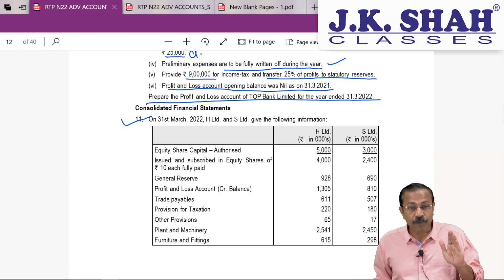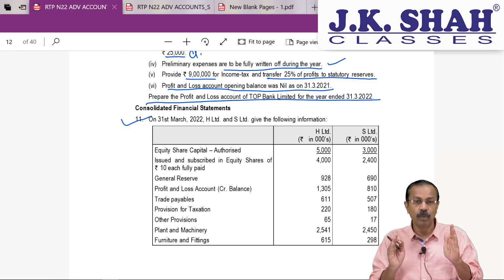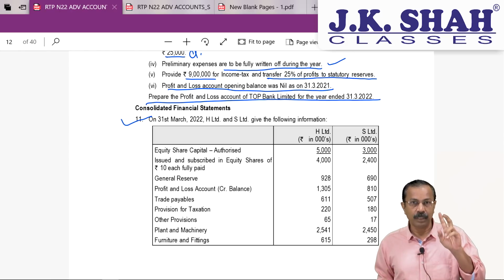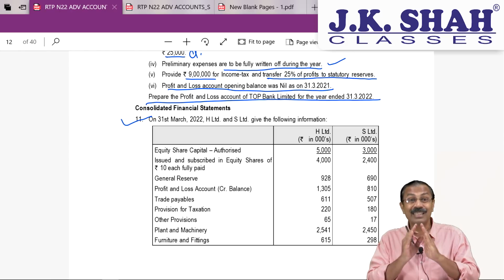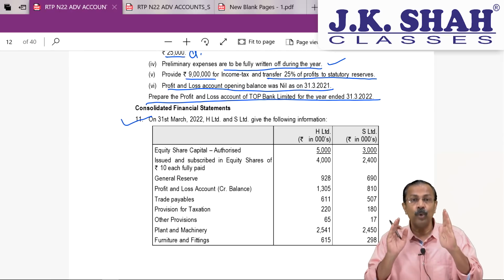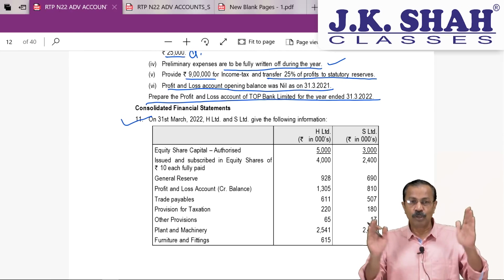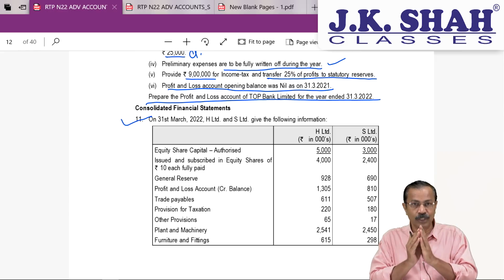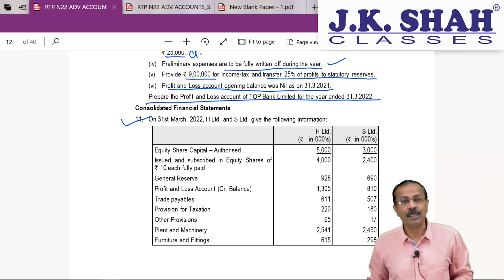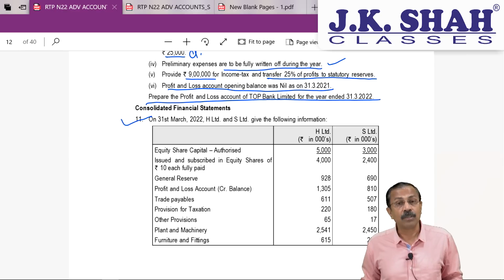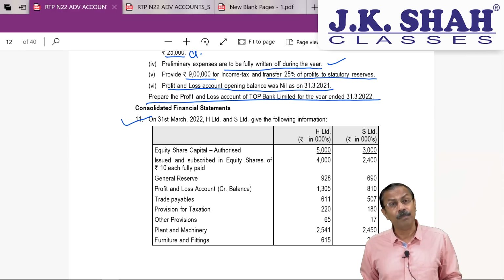They will be giving you the stand-alone balance sheets of both the companies, holding and subsidiary, their own individual balance sheets. Your job is to merge the two balance sheets and prepare one balance sheet which we call the consolidated balance sheet. Now see a question based on it.